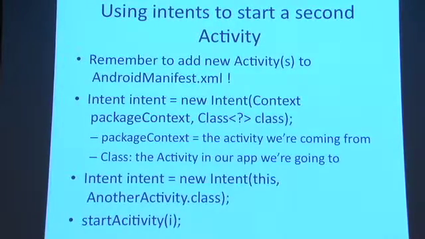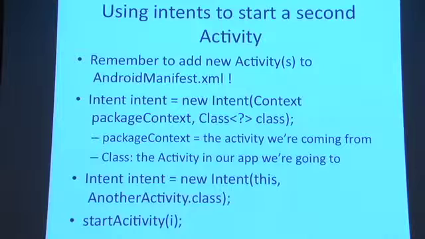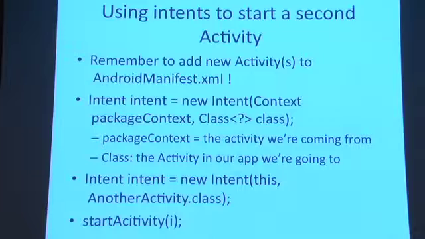The next thing to do to switch activities would be to use this command on the second bullet point: intent, whatever variable you would like, equals new Intent, with the context and the class being the parameters. And the context is the activity we're coming from. So in most cases, you can say intent equals new Intent(this, ...), where this refers to the activity that you're currently on.